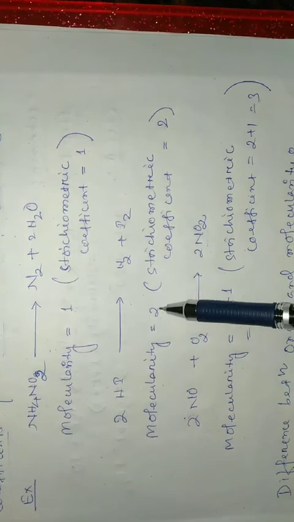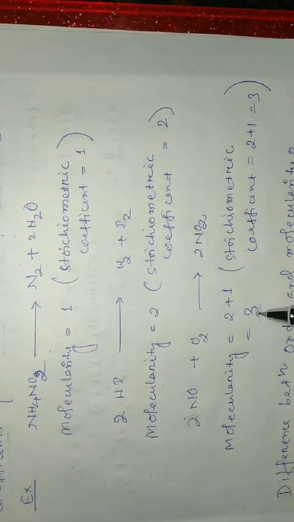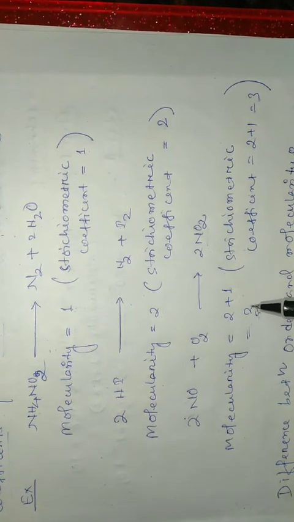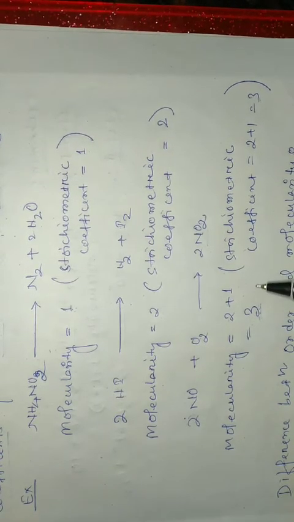When molecularity is 2, the reaction is called bimolecular. When molecularity is 3, the reaction is called trimolecular. But the molecularity of a reaction rarely exceeds 3. That means a reaction with molecularity greater than 3 is rarely found.